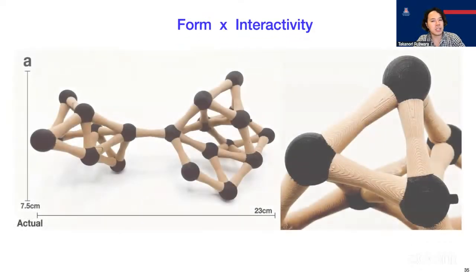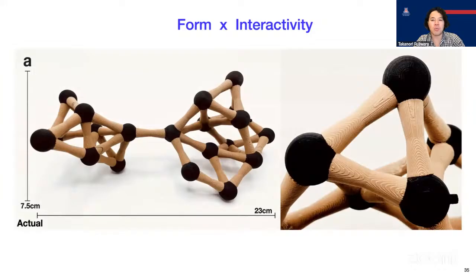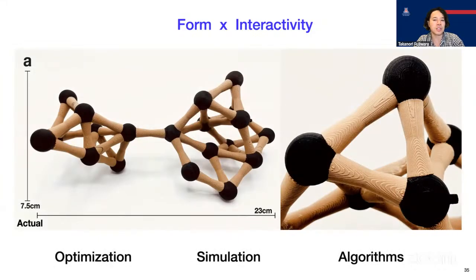So our idea is to leverage what computation can offer. We can concurrently design the form and the interactivity by using optimization, simulation, and advanced algorithms together. So our approach can directly embed electronics into the given network geometry.